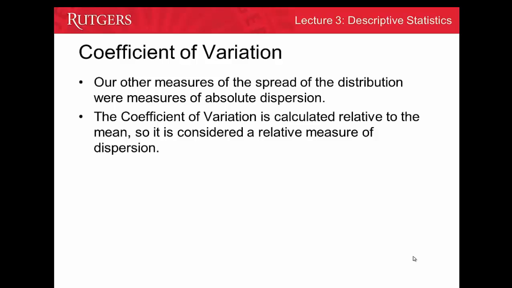It is calculated relative to the mean. So this is the formula to calculate the coefficient of variation. It's just to use the standard deviation divided by the mean.